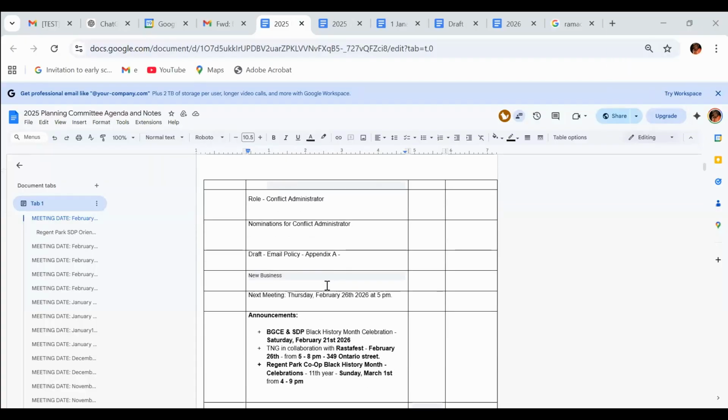Okay, so next we have a draft email policy that we are creating. This is not for approval. It's just for feedback. It's a draft.